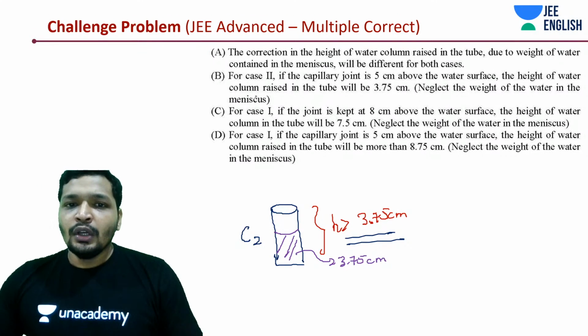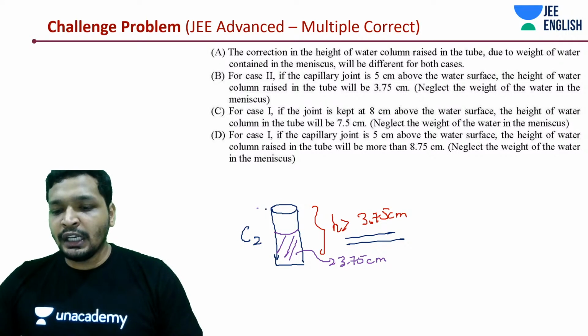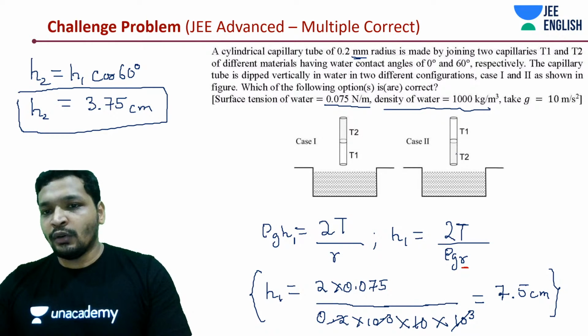Okay, so in case 2, the capillary joint, the joint means where T1 and T2 are joining. T2, if you remember, is over here. This is case 2 we are analyzing.